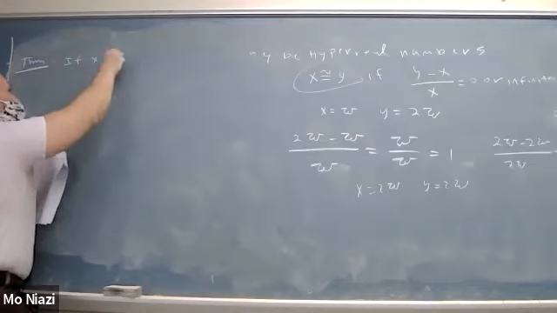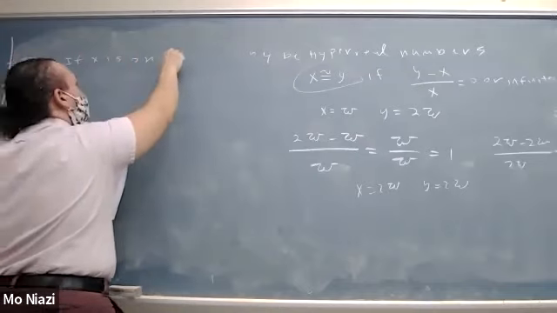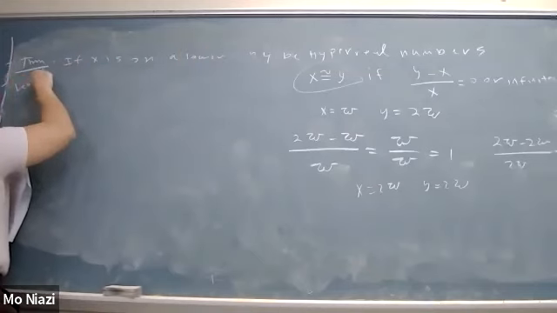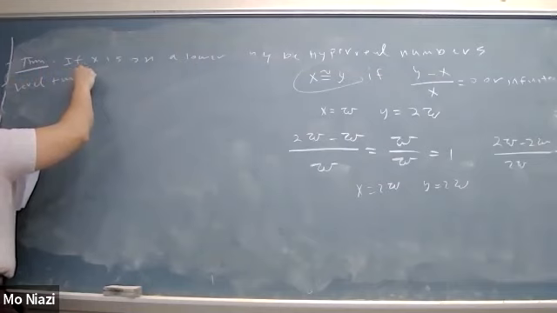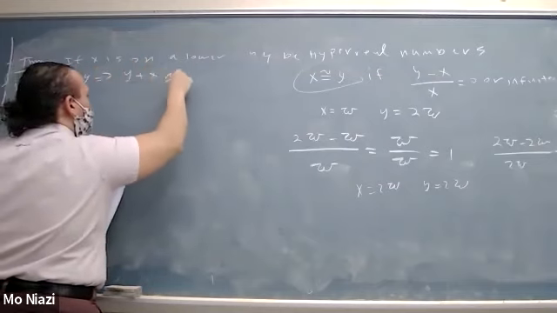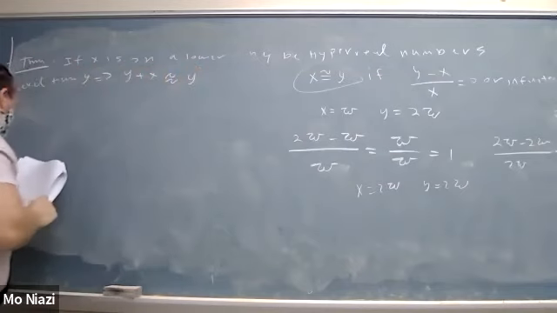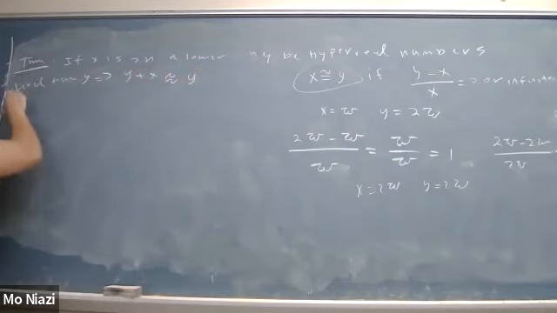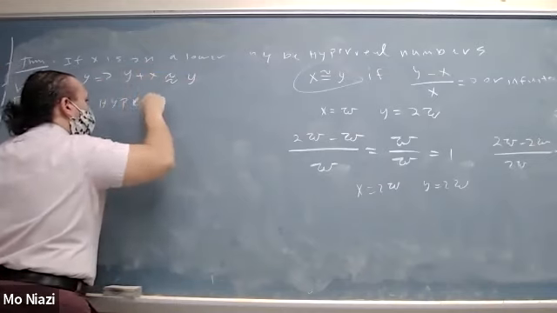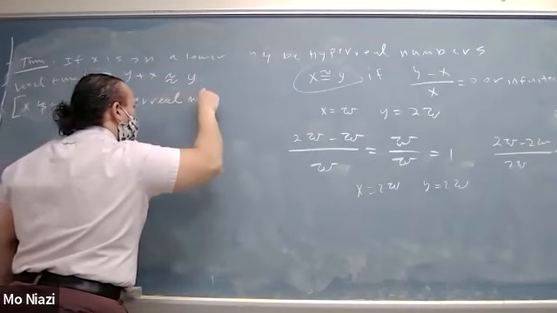If x is on a lower level than y, that implies that y plus x is approximately y. Recall, x and y are hyperreal numbers.